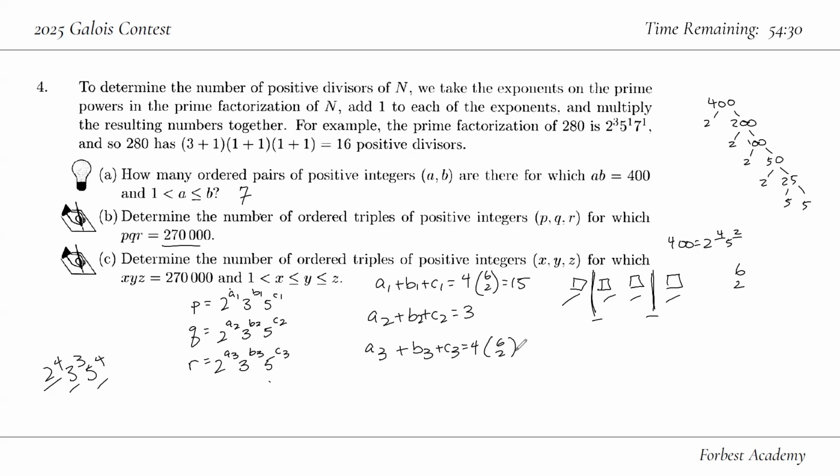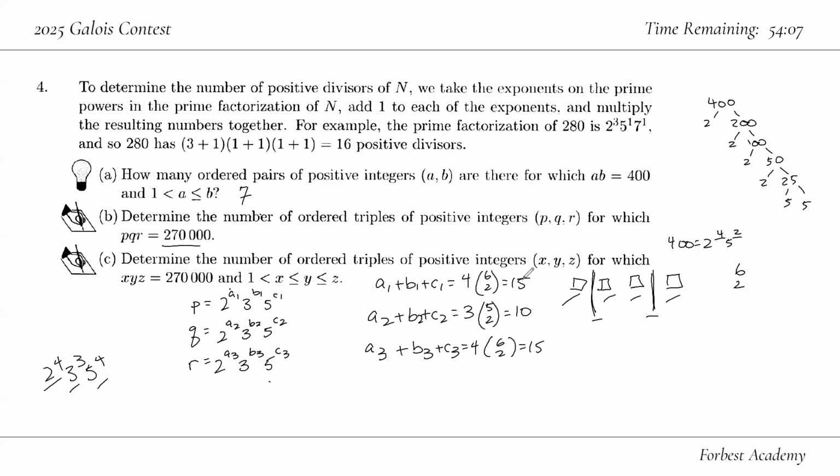And this one is the same. This has 5, because 3 objects, 3 ones, and then 2 dividers, so a total of 5 objects. The 2 dividers are repeated, so we have 5 choose 2 equals 10 ways of arranging.